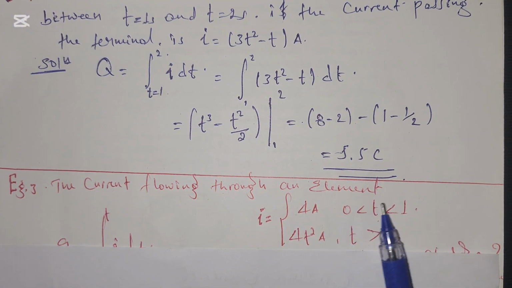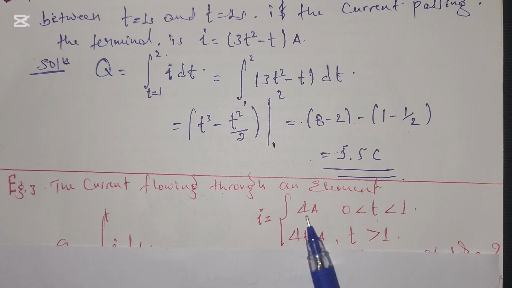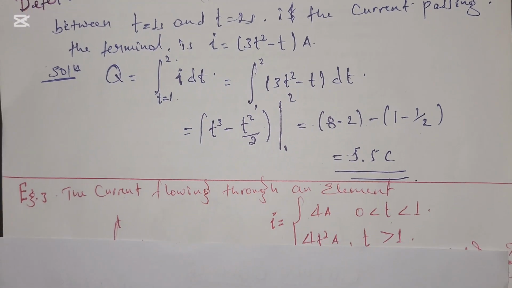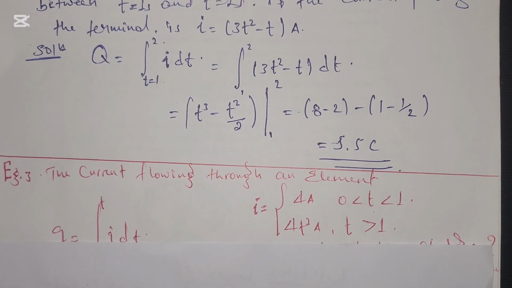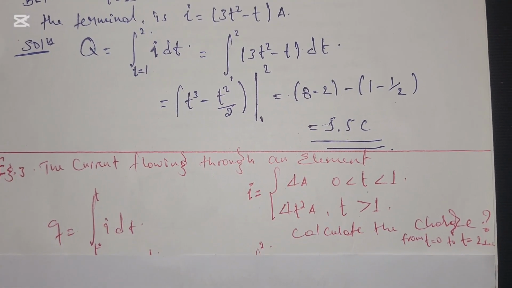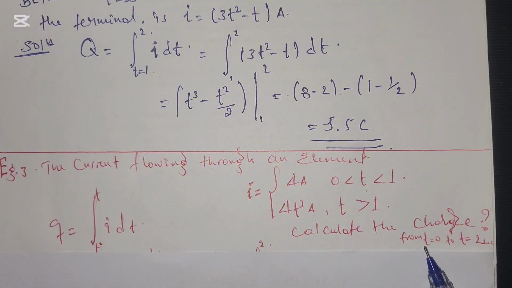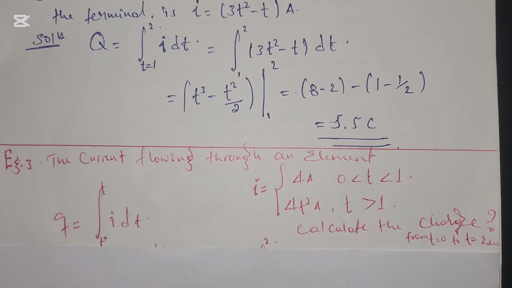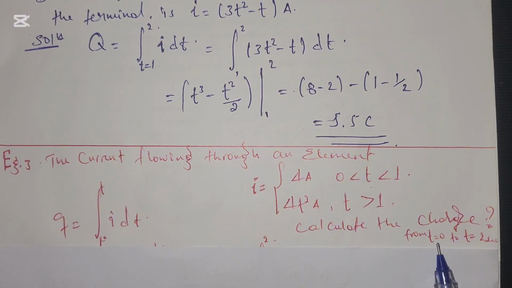For t between 0 and 1, i is 4 ampere. But when t is greater than 1, i is given by 4t squared ampere. We are asked to calculate the charge from t equals 0 to t equals 2 seconds.